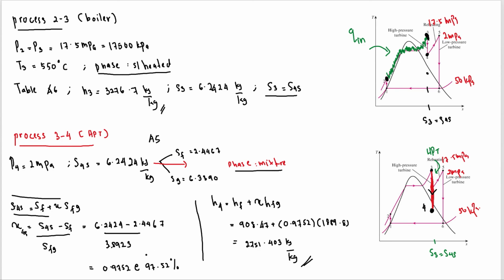So I find the quality is 0.9752, and I will use this value to find h4. With the special formula, I replace y with h. Then I will get h4 as 2751.403. So this is the value of state 4.